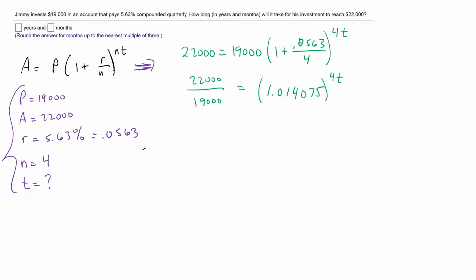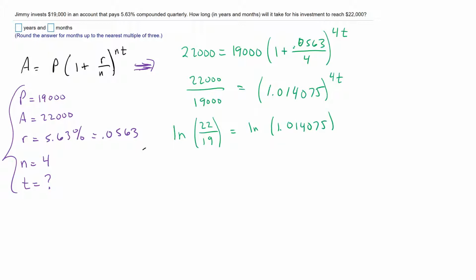At this point, I want to bring that 4t down, so I need to natural log both sides. I'm going to natural log the left side, and I'm going to go ahead and reduce the left side to 22/19, and we'll natural log the right side.